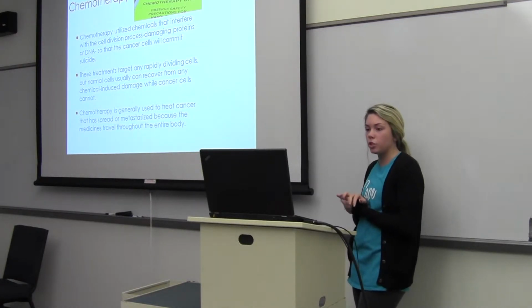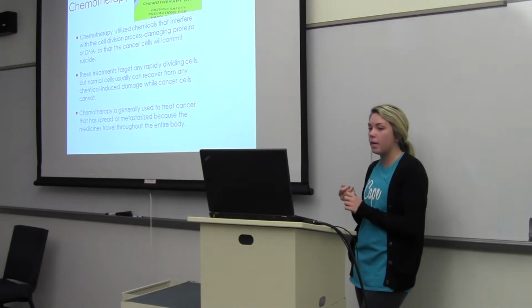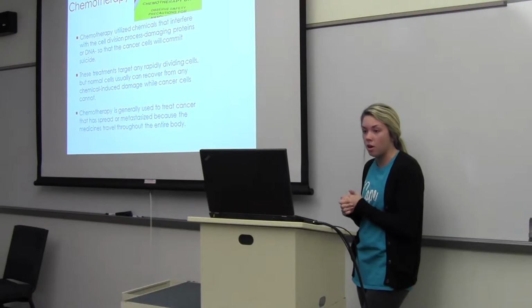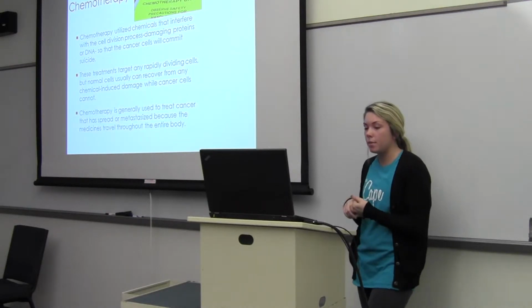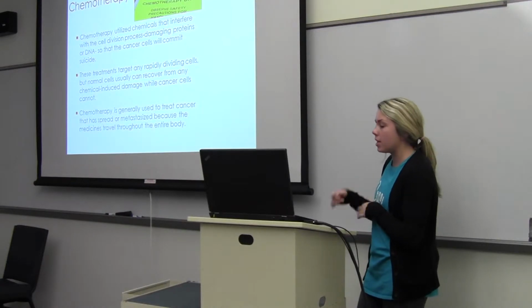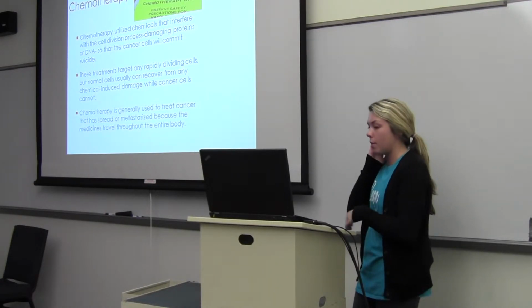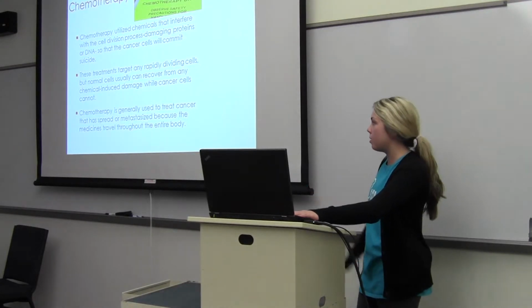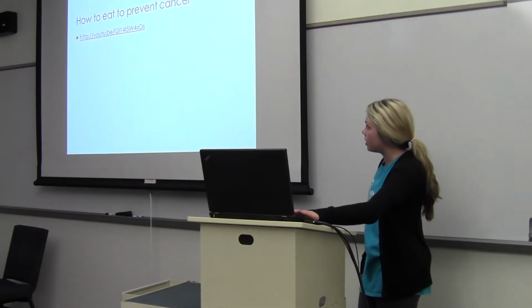But normal cells can usually recover from any chemical-induced damage, while cancer cells cannot. Chemotherapy is generally used to treat cancer that has spread or metastasized because the chemicals move throughout the entire body. So what surgery can't get, chemotherapy can usually get to.